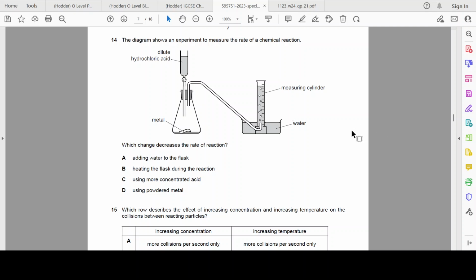The diagram shows an experiment to measure the rate of a chemical reaction. So you've got a metal, and you're adding dilute hydrochloric acid to it. And what gas are you going to get from this? You can see obviously that a gas is being produced.